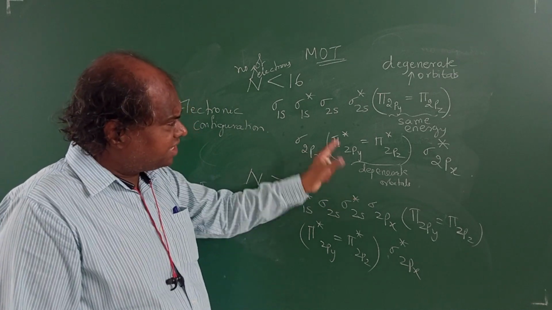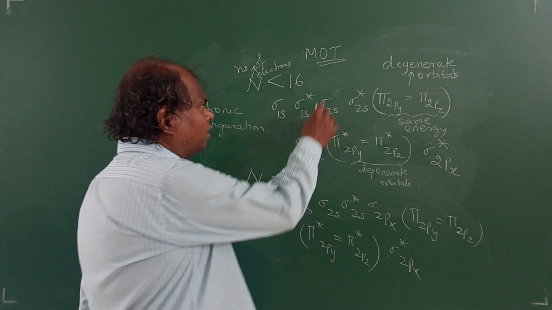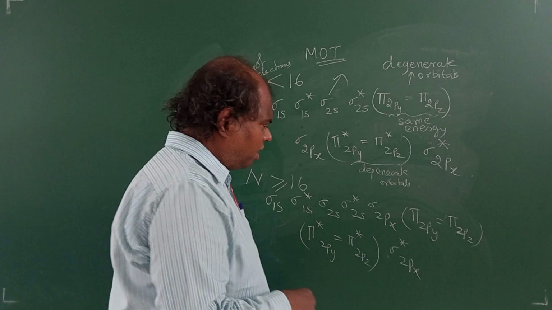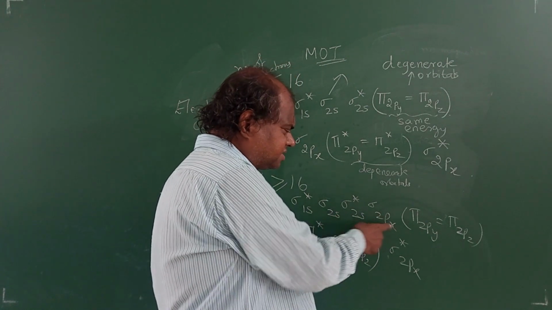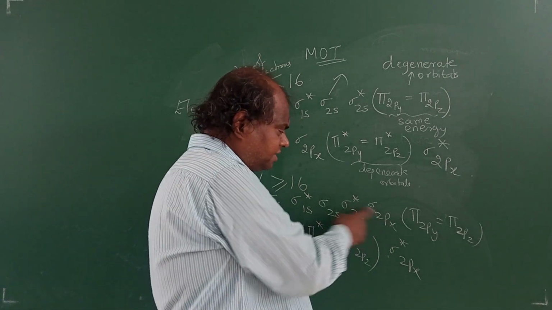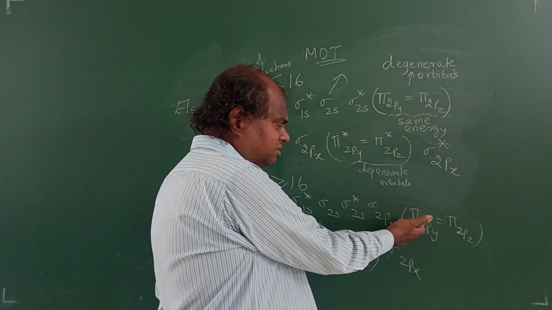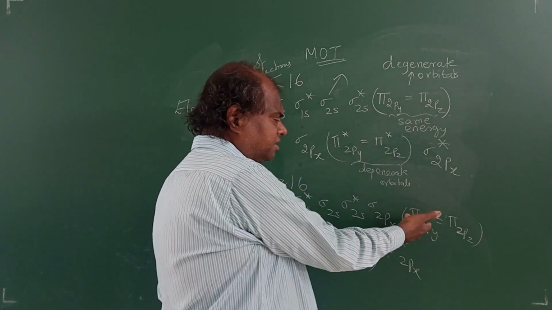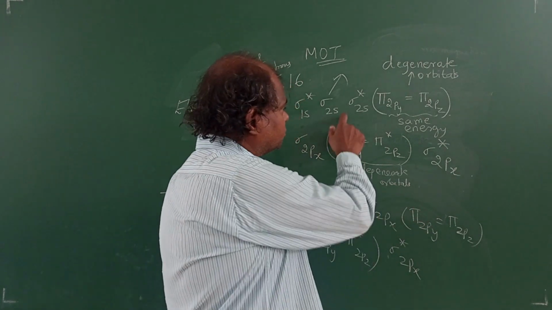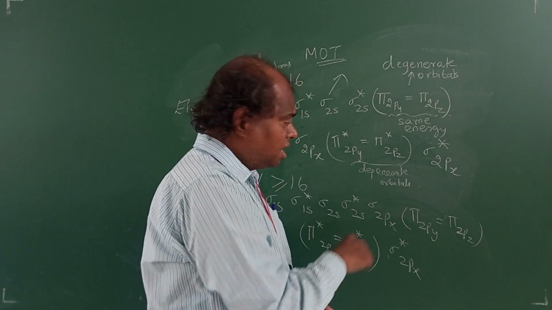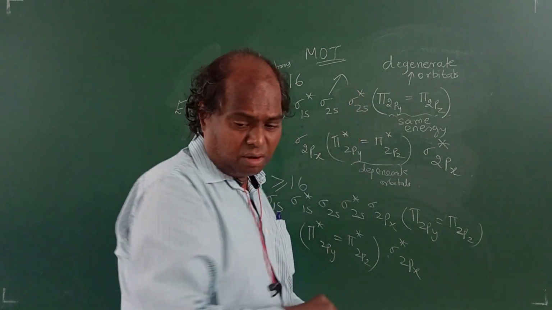But why is there a small change here? This happens due to sp mixing. What happens is this s orbital and this p orbital mix. So due to that mixing, this order gets reversed. Can you see? This is coming first, this is coming second. So this happens only due to sp mixing, and I'll write it on top first.